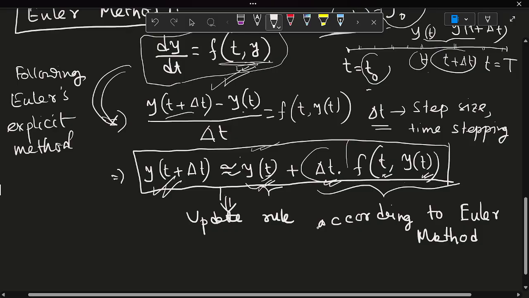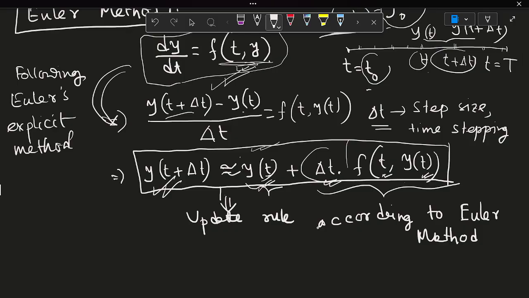Okay, so let me try to solve this using an example in MATLAB.